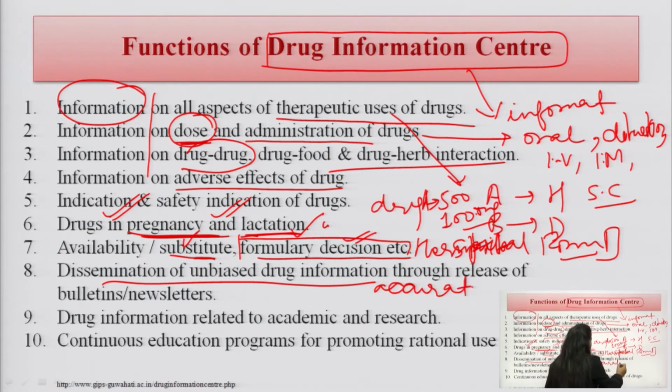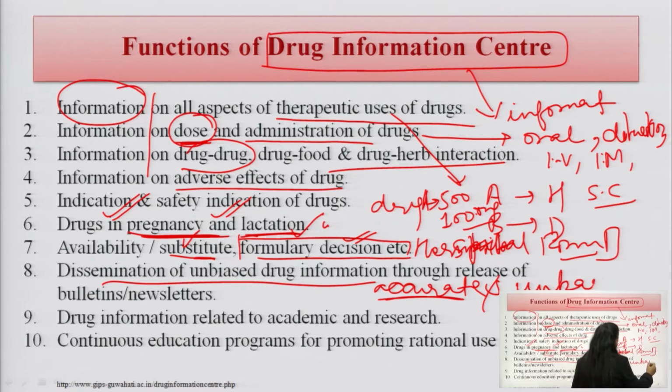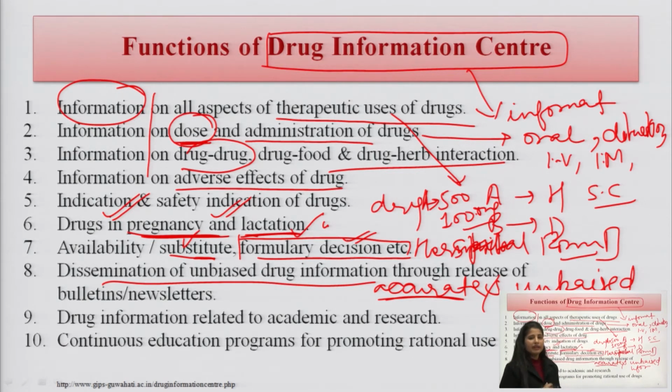And I told you in one of the previous slides that this is the basic purpose behind the DIC, the Drug Information Center: accurate and unbiased information. So any person who has any inquiry related to the drug in any aspect can ask the DIC.